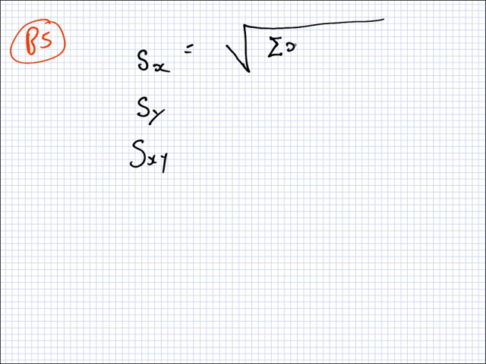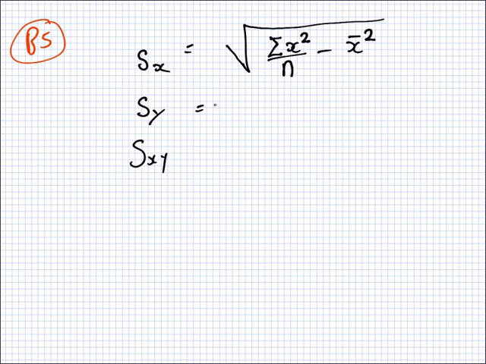So you just need to look up the formula for small sx, sy, and sxy. The formula for sx in the formula book is the square root of the sum of x squared over n, minus x bar squared.